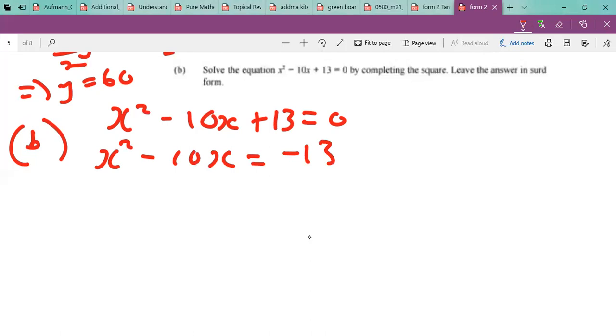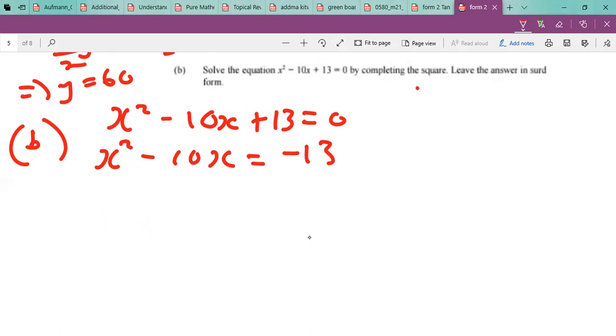So you identify your b because our a is 1, our b is negative 10, and our c is, sorry, positive 13. So upon identifying b, you must find half of b.